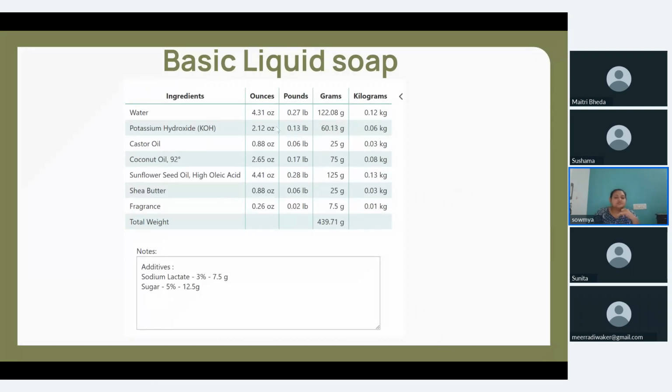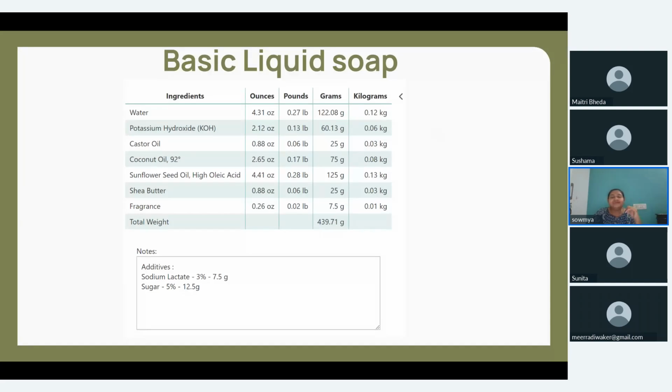And one is this goat milk. I have personally not made it, and I'm a little hesitant to use goat milk because the milk has certain fat in it and I need to add extra lye. I still haven't figured out how much extra lye to add and how to calculate that part.